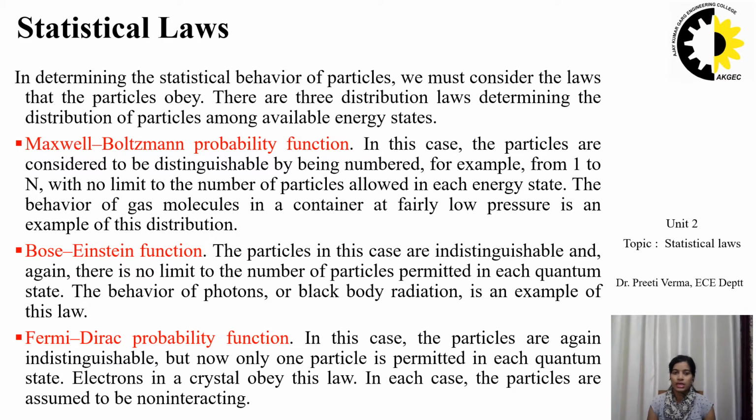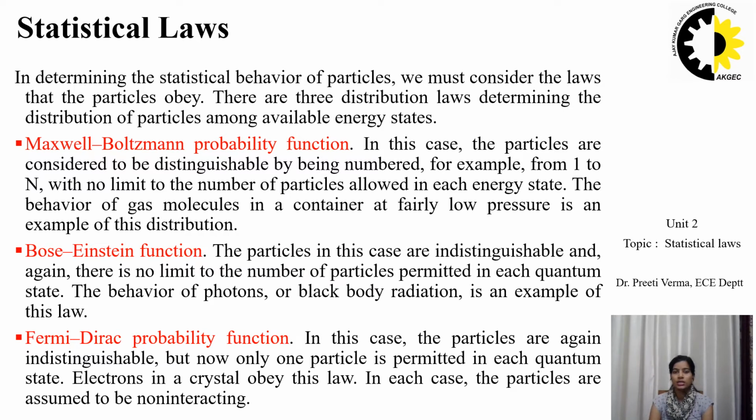We will study this in detail. As per the Maxwell-Boltzmann probability function, the particles are considered to be distinguishable by being numbered, for example from 1 to n, with no limit to the number of particles allowed in each energy state. The behavior of gas molecules in a container at fairly low pressure is an example of this distribution. What happens in the Bose-Einstein function?